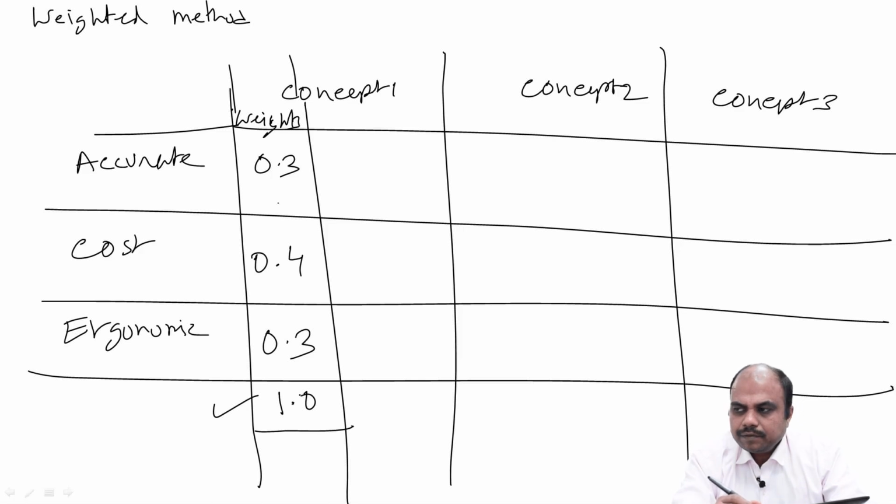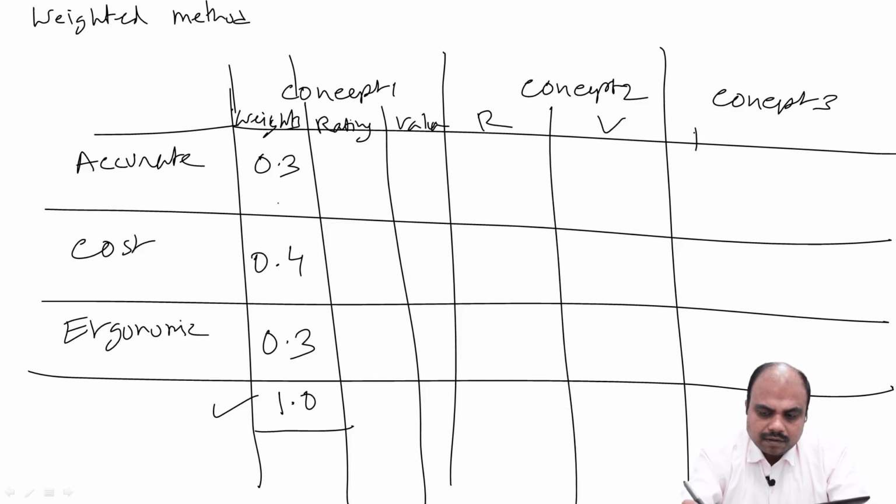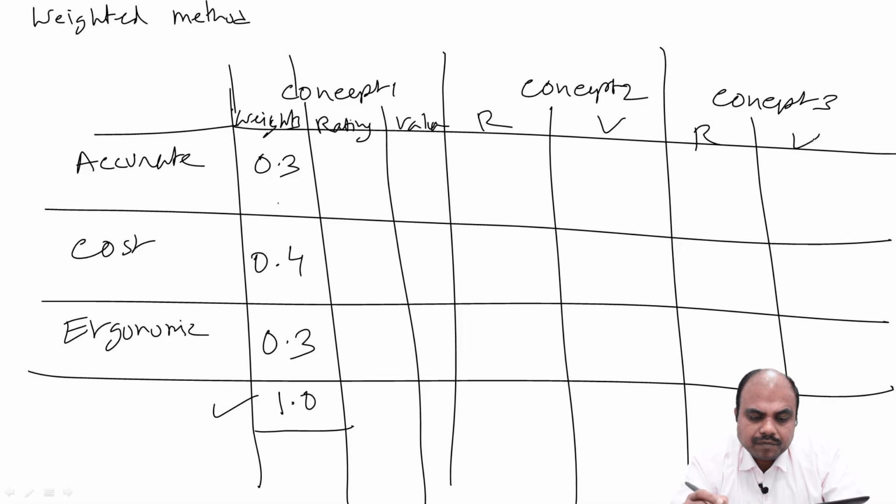Now we are going to give ratings and then values. For the first concept, the rating is out of 5. It is quite accurate, so we give 5 out of 5.